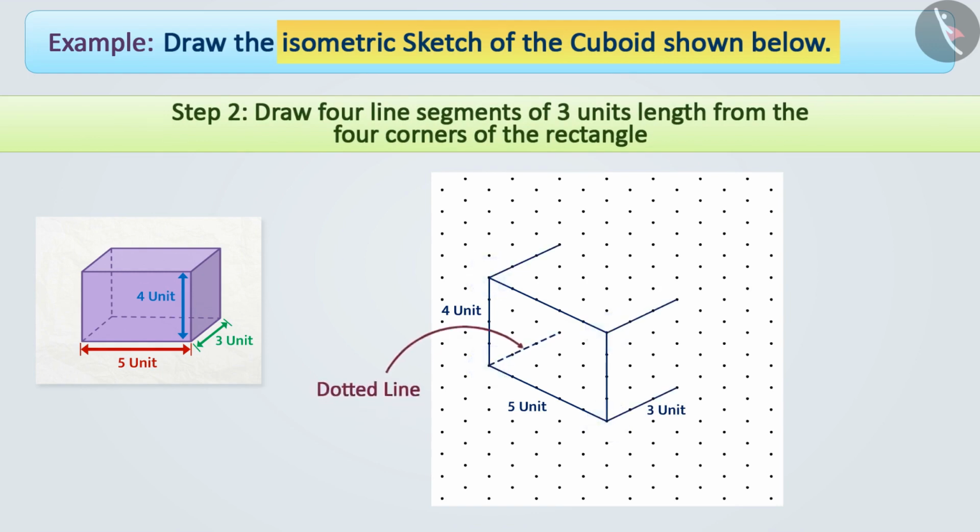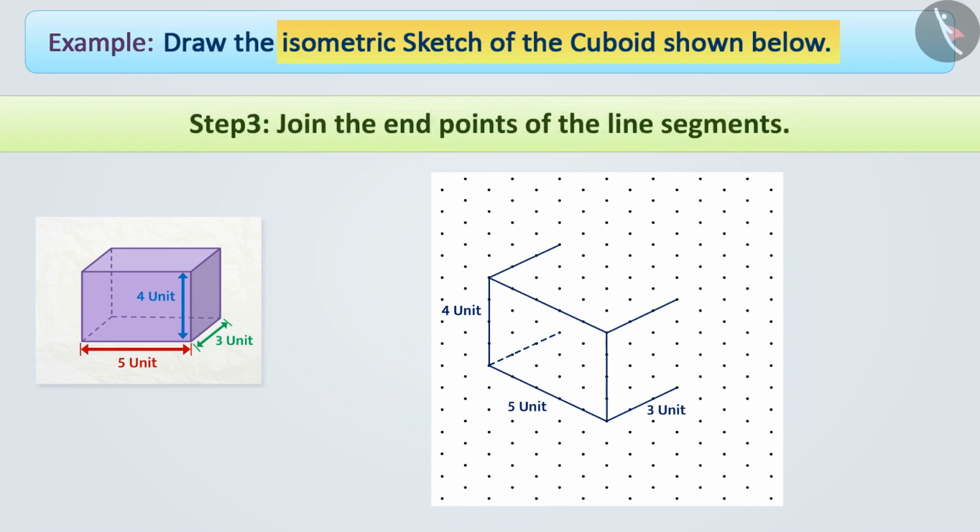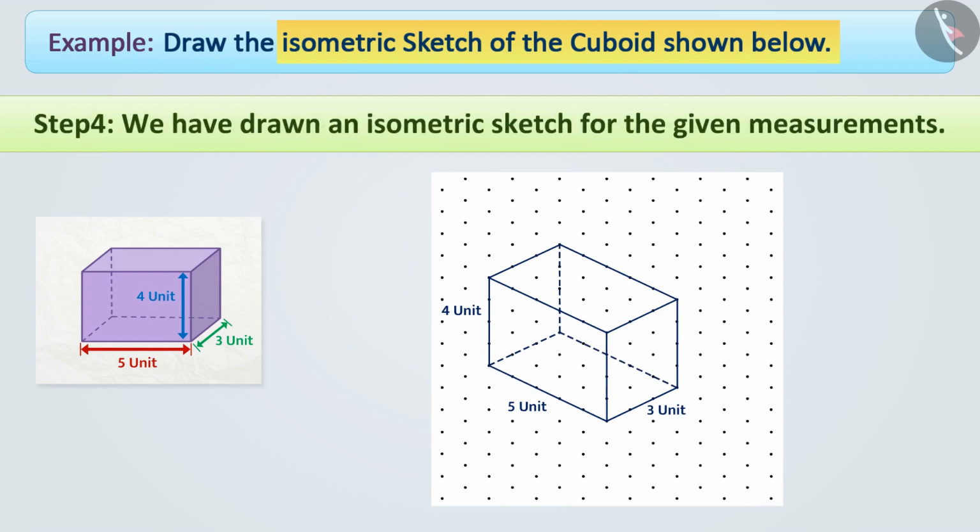With the dotted lines, we show the hidden edges. Step 3. Now we will join the endpoints of the line segments in this way so that we get the back part of the figure exactly the same as the rectangular face in the front. Step 4. In this way, we have drawn an isometric sketch for the given measurements.